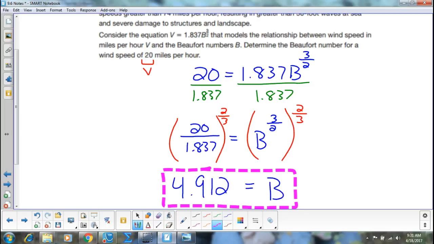How would he do what he did? He took this b to the 3/2 power and wrote it as the square root of b cubed, because that's what it is. Then he squared both sides to get rid of the radical, so he got some number equals b cubed, and then he cube rooted both sides, and that got him 4.912.